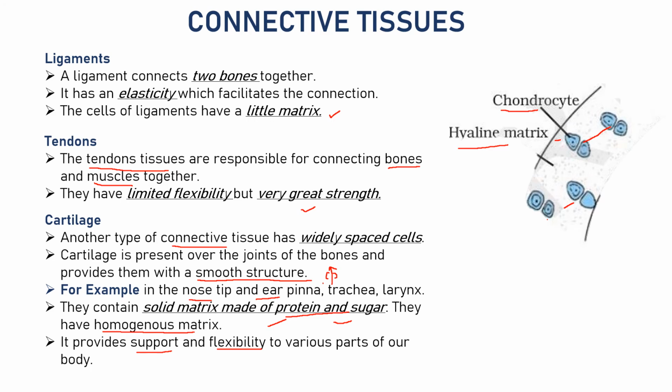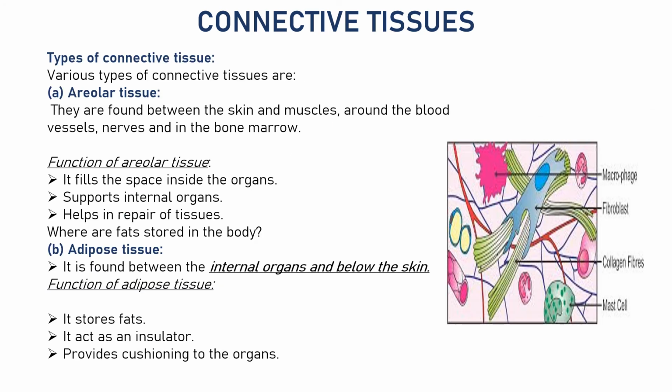Air comes in and goes out from the trachea. While going out, it shouldn't collapse. So there are C-shaped cartilages which support the trachea. The larynx is also known as the voice box, right? It also has cartilage.